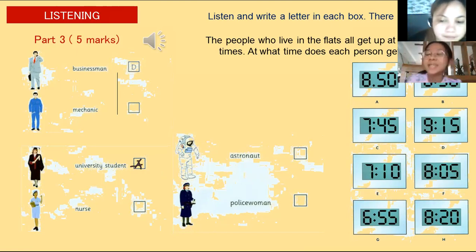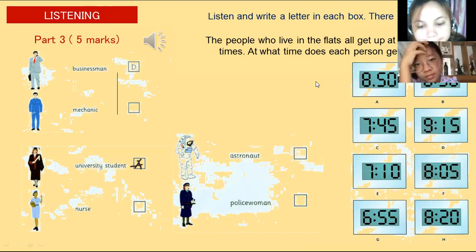The policewoman who lives in the downstairs flat goes running before she goes to work. She gets up at 5 to 7 every morning. I hear her in her kitchen sometimes. Making coffee? I don't know. There's another person who gets up earlier than me. She's a nurse, so she has to be at the hospital at 7:15.